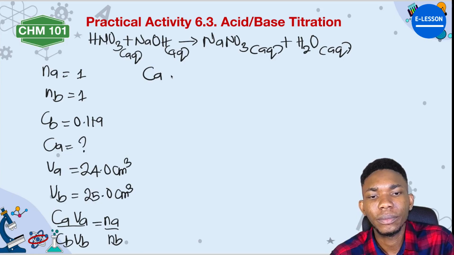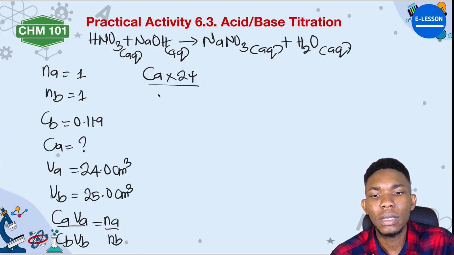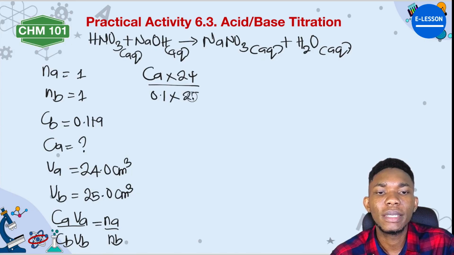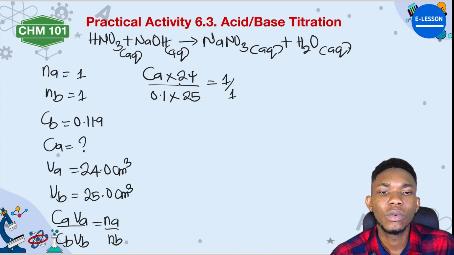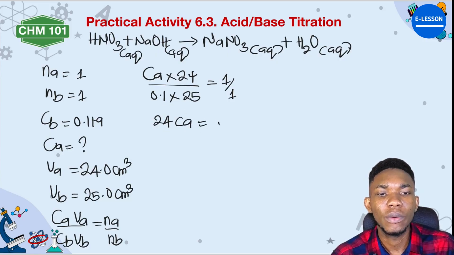So we have Ca, Va is 24, Cb is 0.1, Vb is 25. That will give us 1 divided by 1. When you cross multiply, this will give us 24 Ca. 0.1 times 25 times 1 will give us 2.5. So divide both sides by 24.